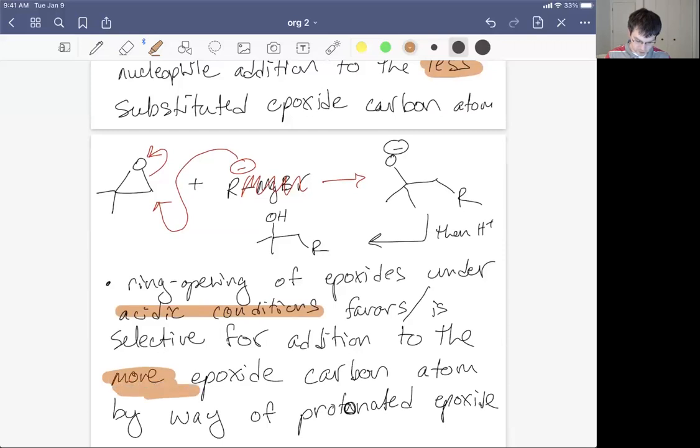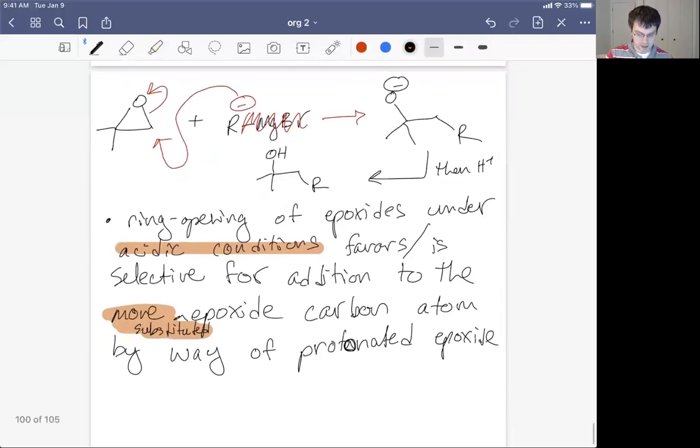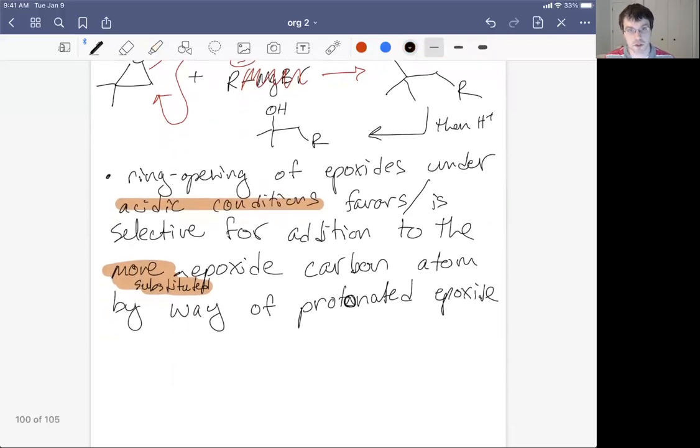I forgot the key word there: more substituted, excuse me. So the more substituted epoxide carbon atom. And this is because the epoxide, once it's protonated, becomes distorted. We've addressed this before, but it's an important concept.